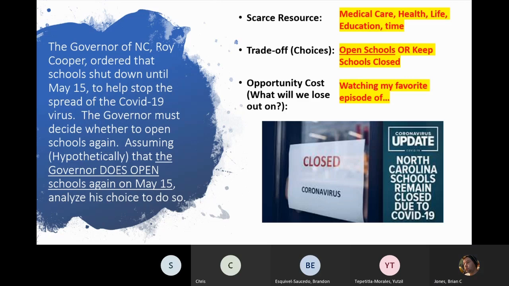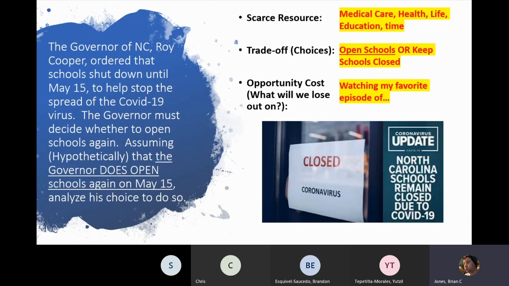So the scarce resource, once again, we're dealing with medical care, because we've got to think about students getting sick. If we're going to gather at school, that's a lot of people confined in these classrooms. It's easy to get sick. So we're looking at health. We're also looking at education and time, the time that you have to get your education. That's scarce.